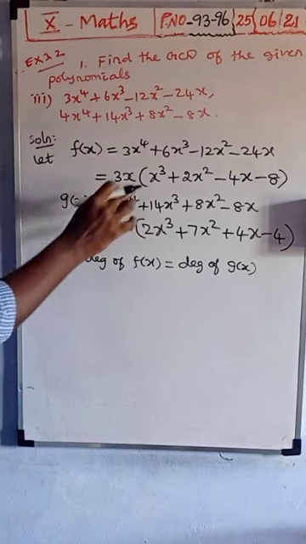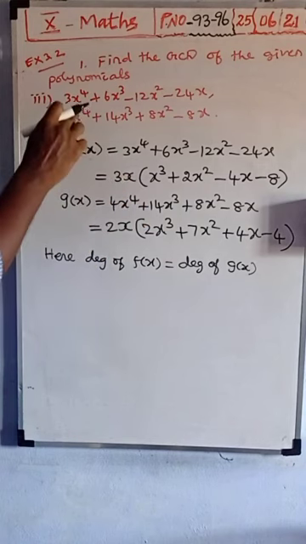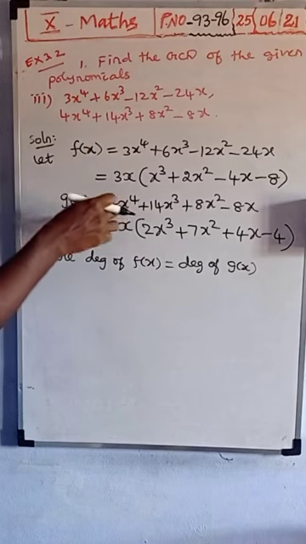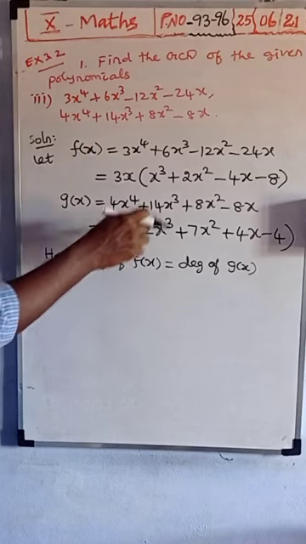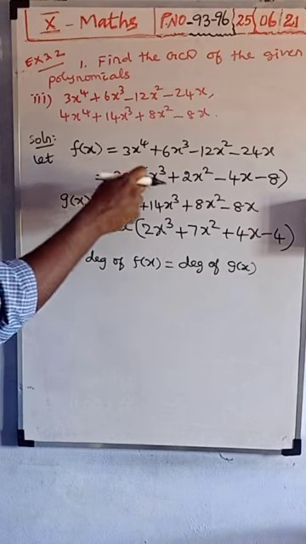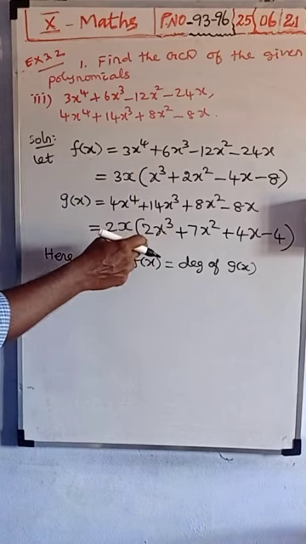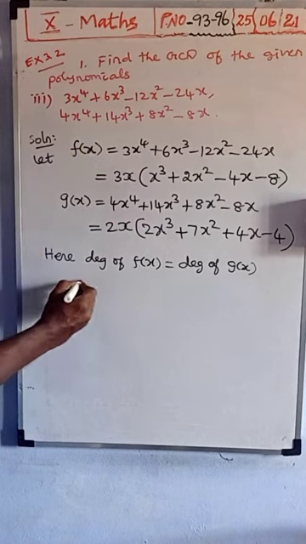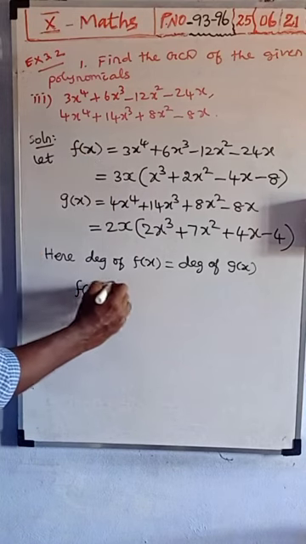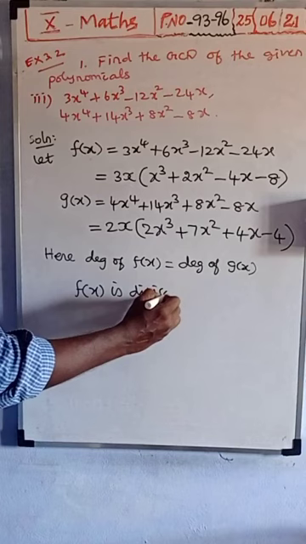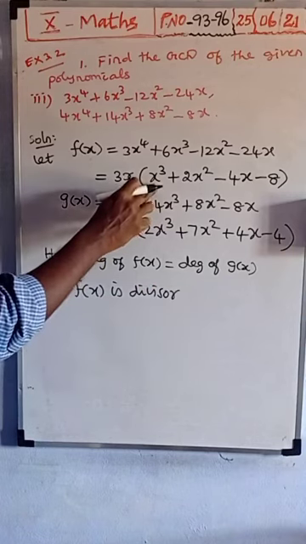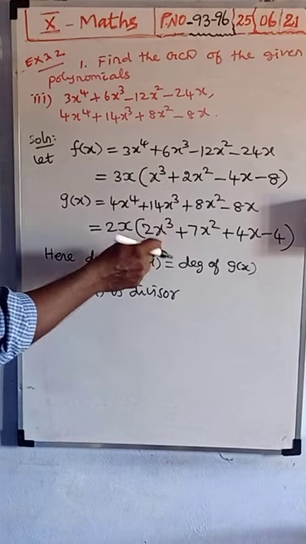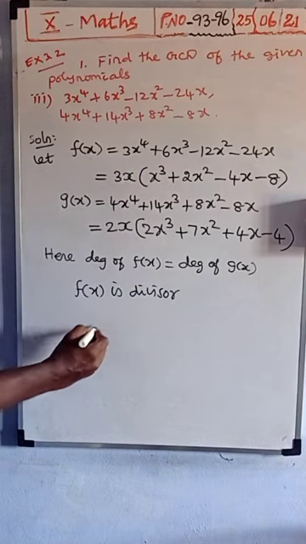I already explained coefficients. Here the x power 4 coefficient is 3, here the x power 4 coefficient is 4. After commonly taking outside, here the x cube coefficient is 1, here the x cube coefficient is 2. So this is the highest. This has the lesser coefficient, this has the highest coefficient. Here only 1x cube, but here 2x cube. That means f of x is the divisor.